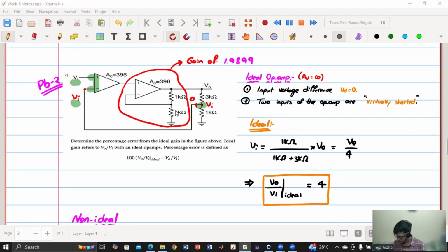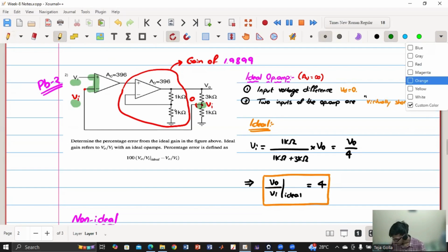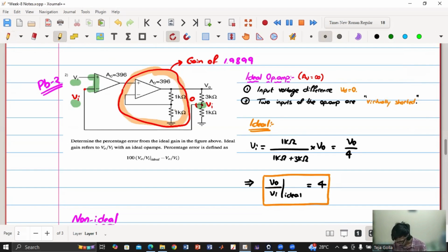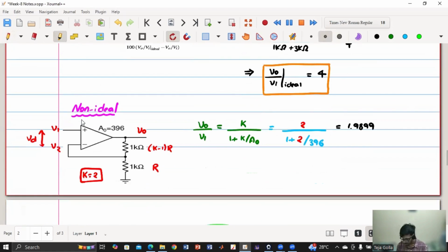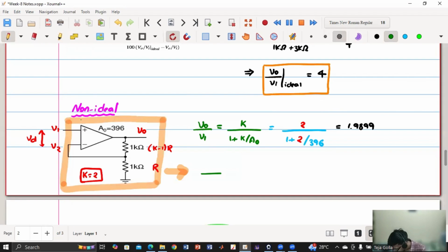So basically, I am considering this circuit first. So first I'm solving that circuit, and now I'm considering this entire circuit, with Vi as input and V naught as output, and it has some gain.